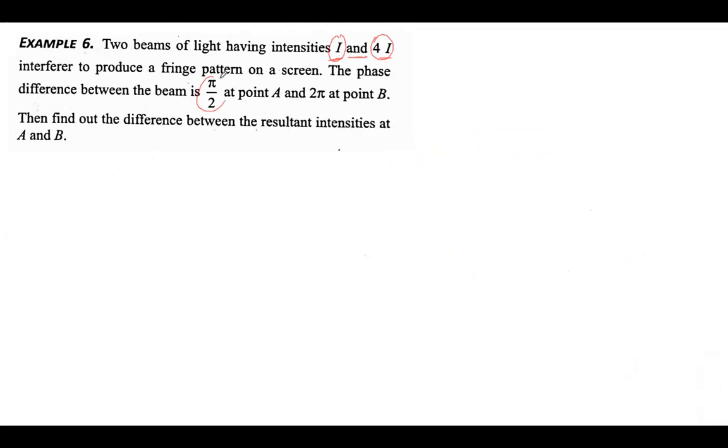The phase difference between the beam is pi by 2 at point A and 2 pi at point B. Then find out the difference between the resultant intensities at A and B. ठीक है, intensity at A will be equal to I1 plus I2 plus 2 root under I1 I2 cos of phi. तो इंटेंसिटी एट ए, I plus 4I plus 2 into I into 4I into cos of pi by 2. cos pi by 2 क्या होता है, जीरो हो जाता है, तो ये पूरा जीरो हो गया, ये 5I हो गया.